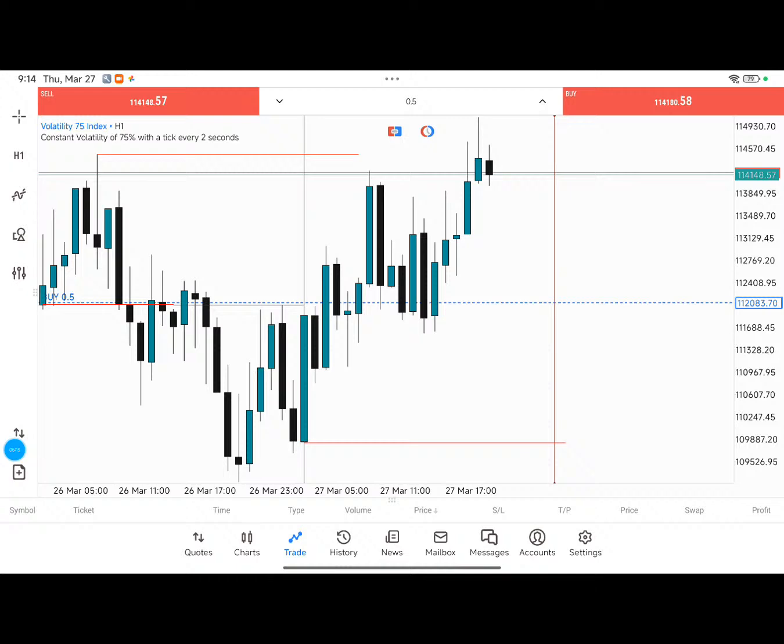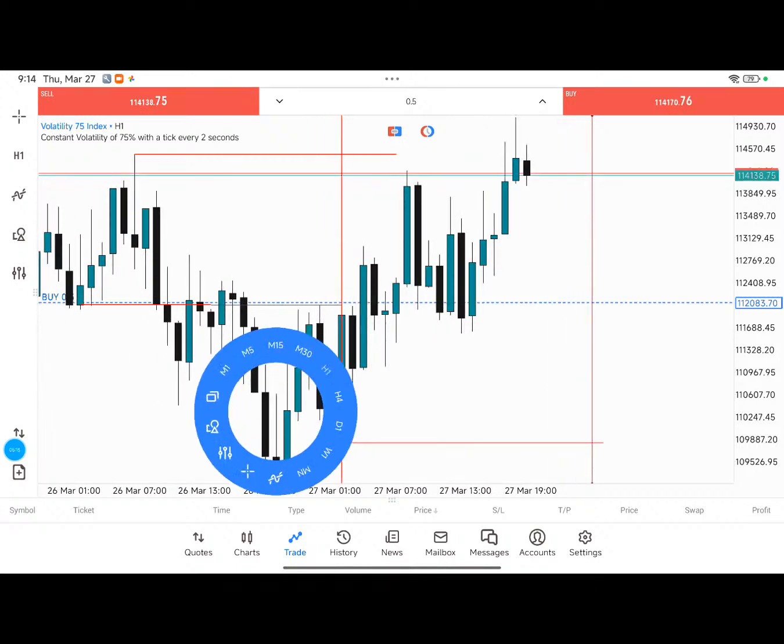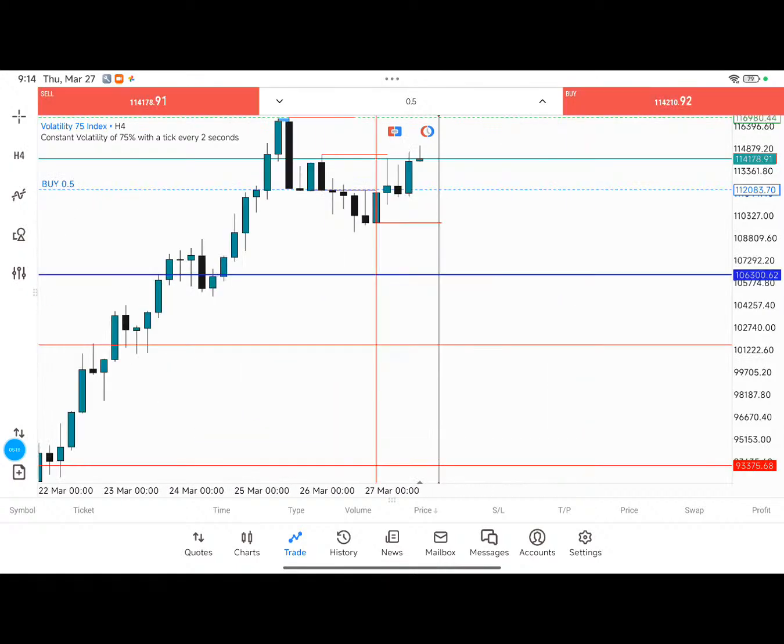Let's go back and look at the ultimate higher time draw on liquidity. As I've indicated, the high in here is where we have the draw on liquidity. So you could see that the trade running, that is where I have placed the take profit level.